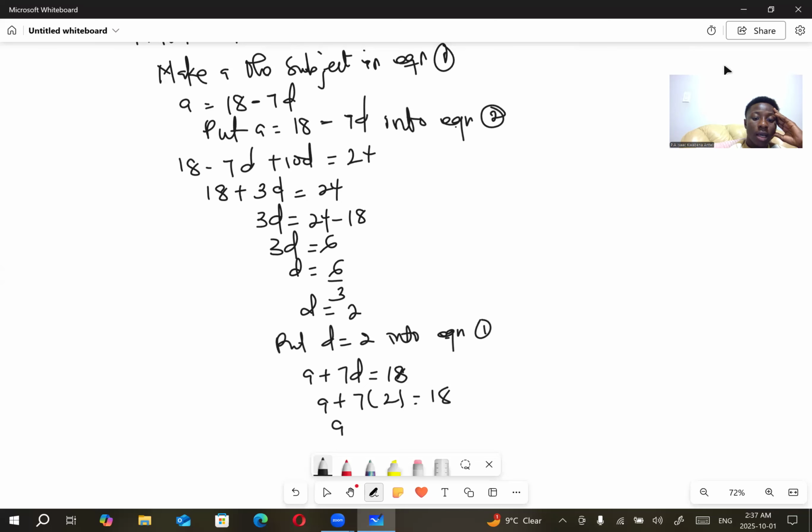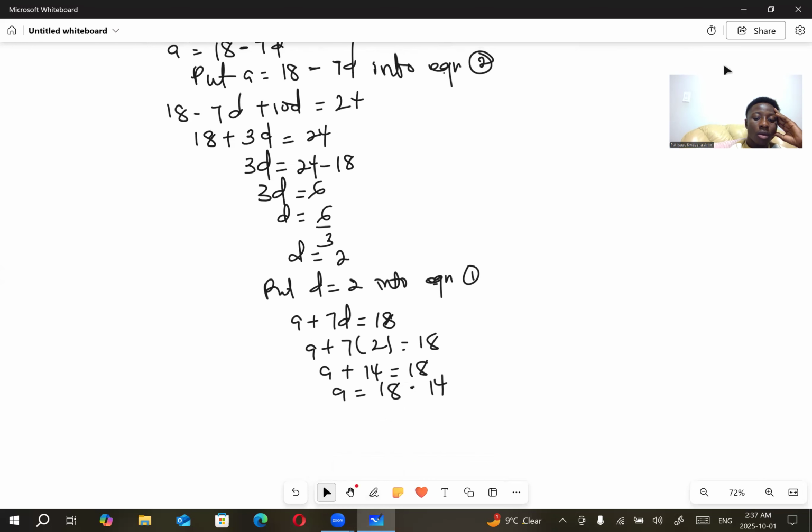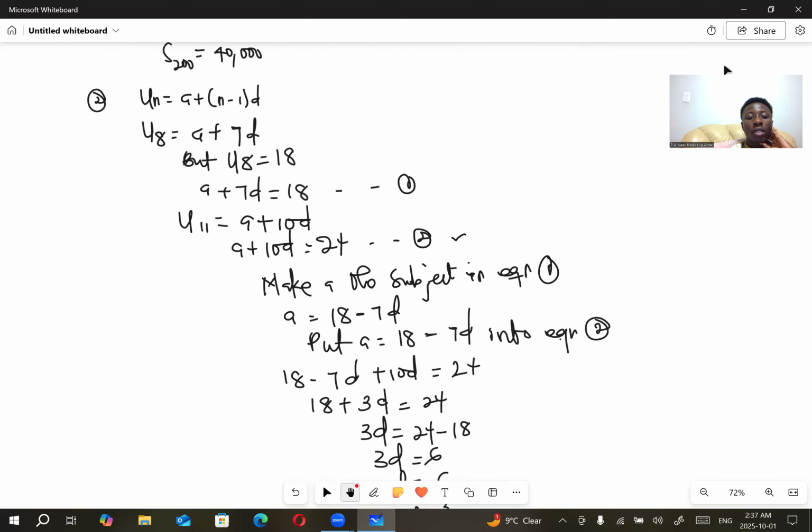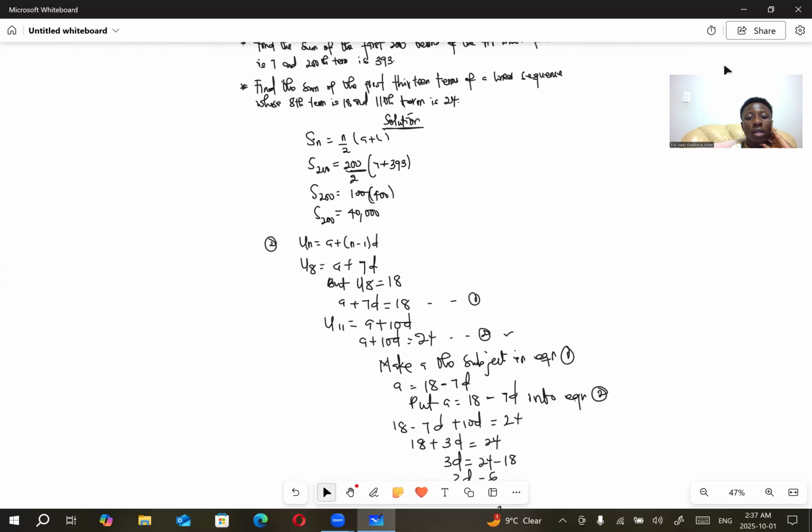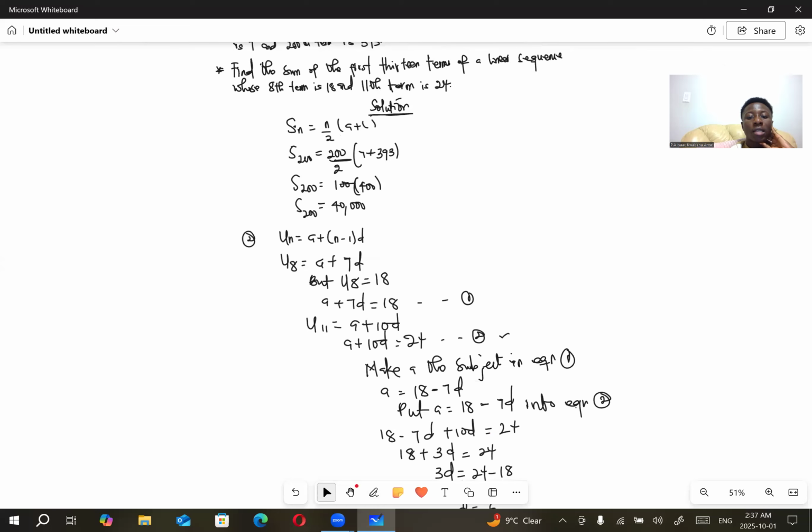Did you get d as that? Yes. Good, same solution. We could have simply used the elimination method, but I didn't teach that, so that's why I didn't bring it up, because that would have been simpler. a is 4. And the question said, find the sum of the first 13 terms.